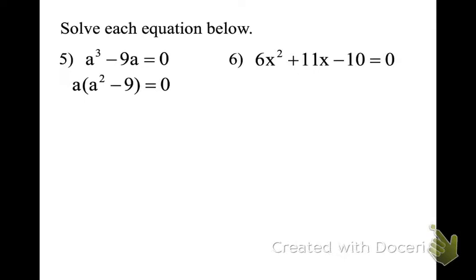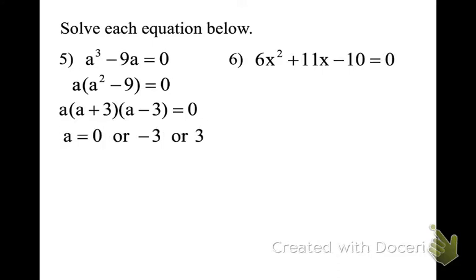I factor the difference of squares. How do I break that down? A times the quantity of A plus 3 times the quantity of A minus 3. And then we get 3 solutions: A equals 0, A equals -3, and A equals +3.